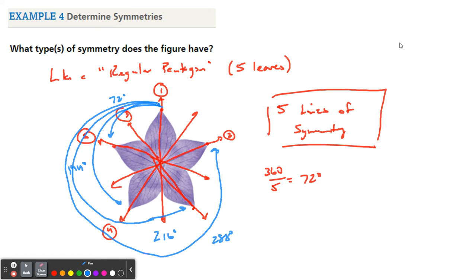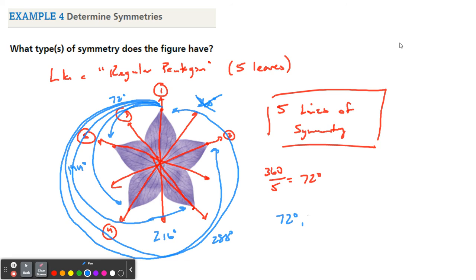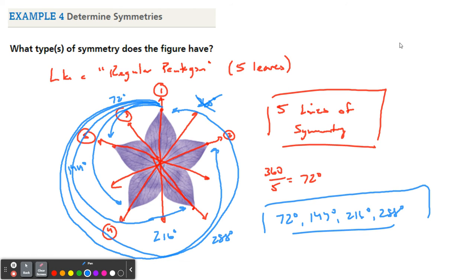And then finally, if I go all the way around, add one more 72, I get to 360. But again, 360 doesn't count. That's your stopping point. So the rotational symmetries are 72 degrees, 144 degrees, 216 degrees, and 288 degrees, about the center of this figure, about the middle point right there.